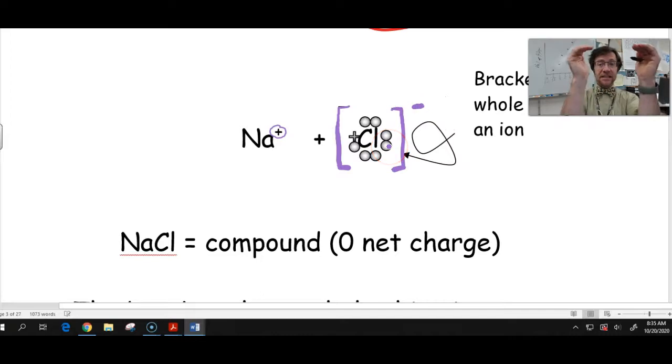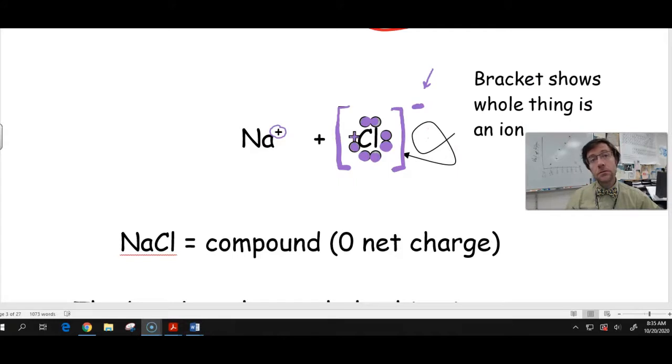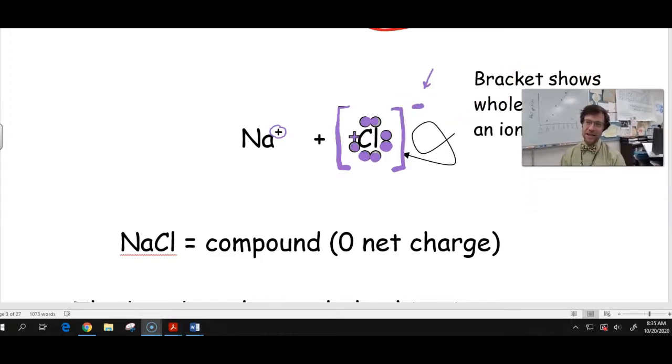The brackets wall off all of the electrons so that we know these electrons are not being shared. The electron that came from the sodium is now pure chlorine. It belongs to the chlorine. It's not being shared, and that will come in really handy later on. So again, our negatively charged ions need brackets, because the bracket shows that the whole thing is an ion. You guys get what I'm saying?